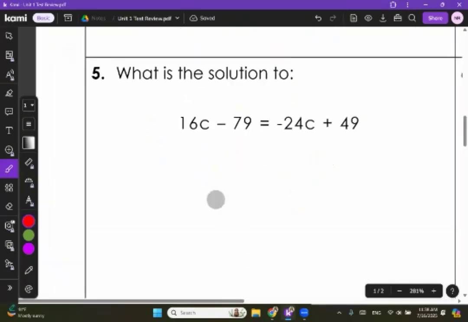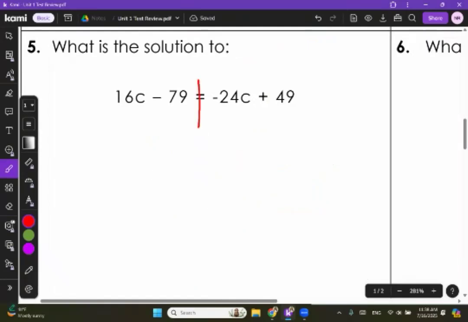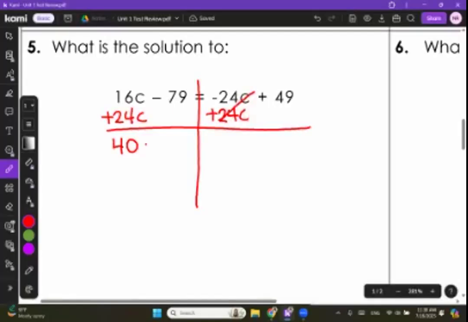Number 5. What is a solution? AKA solve. No parentheses, two terms on each side. So we start from small to large. Small between a positive and a negative is definitely going to be the negative number. So I'm going to add 24. That should get us 40.